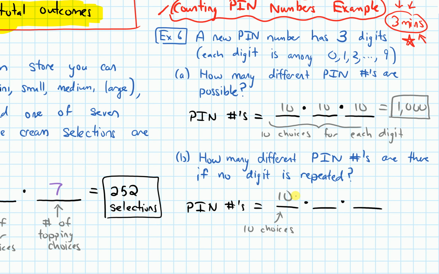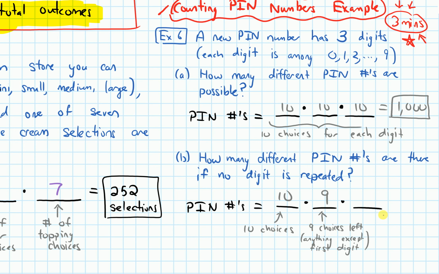And then after I pick what goes in that first digit spot, now there are 9 choices left for the second digit, because it could be anything except the first digit. So for example, if my first digit happened to be a 6, well, my second digit just can't be a 6, but that still leaves me with 9 choices. Okay, so a 9 goes here.